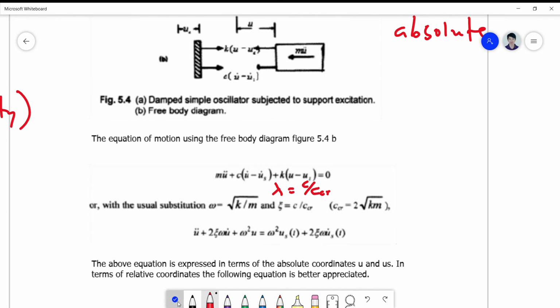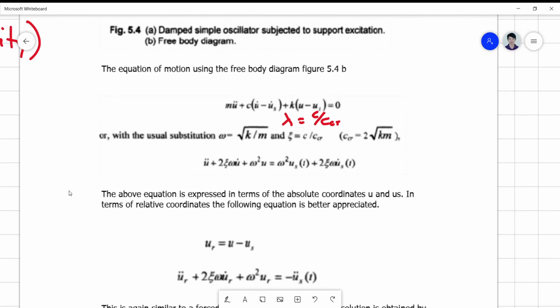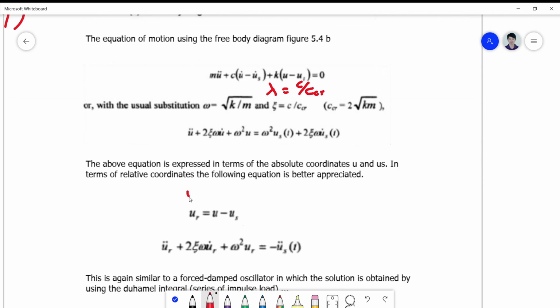So the above equation is expressed in terms of the absolute coordinates u and us, and in terms of relative coordinates, just like what we did in our support motion, we simply assume that your relative u is equal to y minus x. This is just the counterpart on the change of variables concerned.